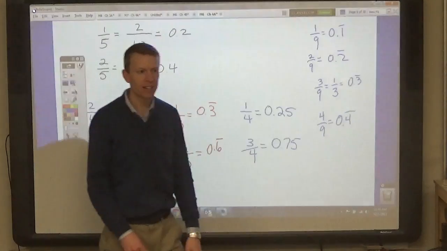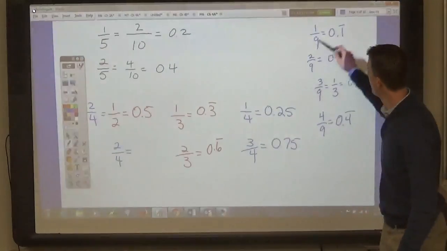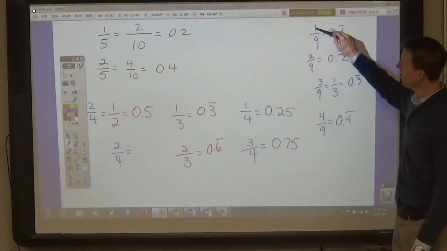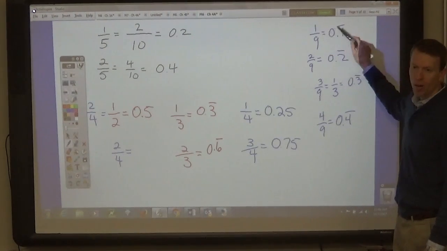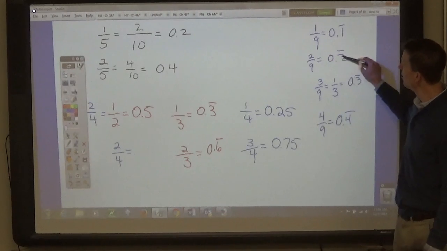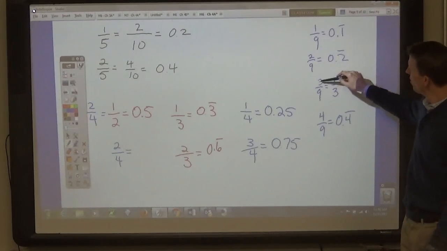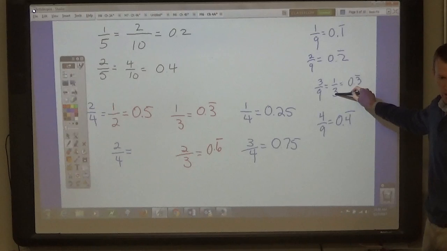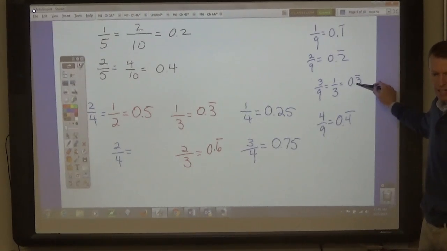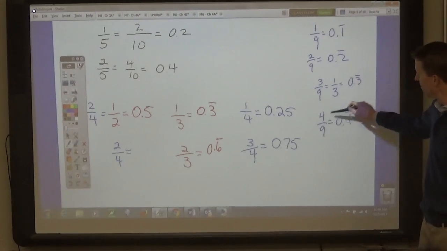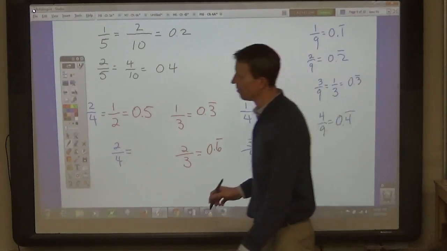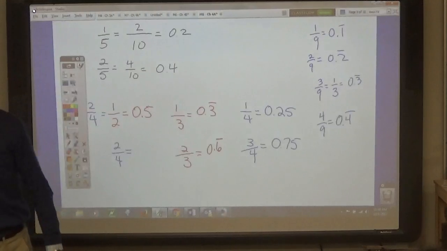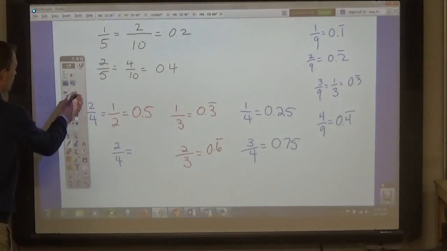And they're easy to find the decimal form because the top number is the number that repeats. So 1/9 is 0.1 repeating. 2/9 is 0.2 repeating. 3/9 is really 1/3, which is 0.3 repeating. 4/9 is 0.4 repeating, and so on. Right? So we talked about those patterns.